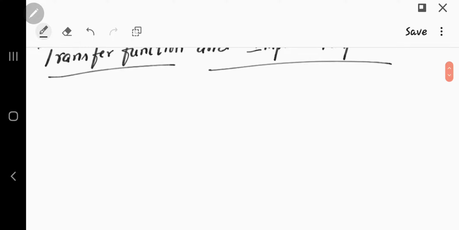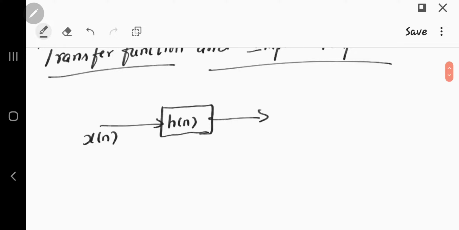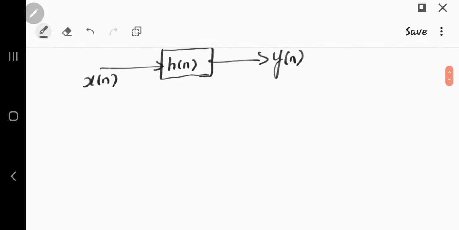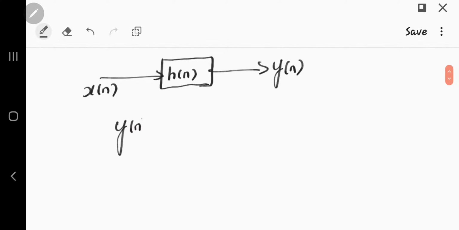Now consider an LTI system having an impulse response. Just imagine this: we have an LTI system with impulse response h of n. The input to the system is x of n and the output is y of n. So the output is given by y of n equals x of n convolved with h of n.